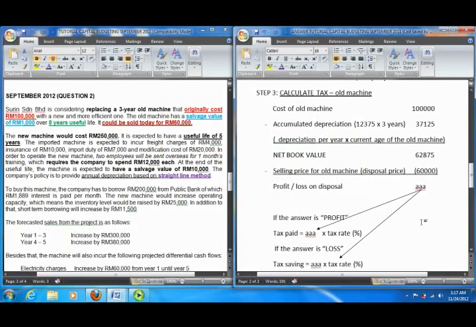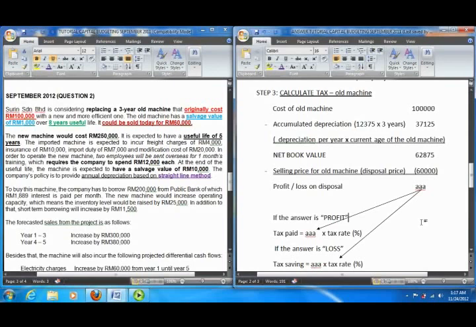Class, actually, your net book value is the value of your old machine. Because just now you have calculated your total depreciation, it means that your real value of your old machine, 100,000, has depreciated. In those 3 years, the amount of your depreciated value is 37,125.